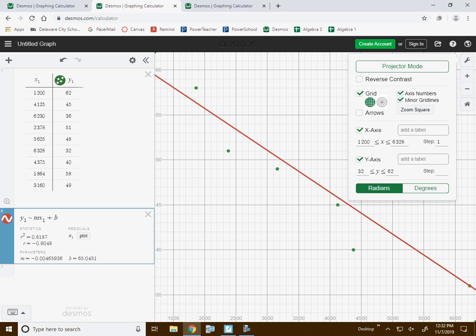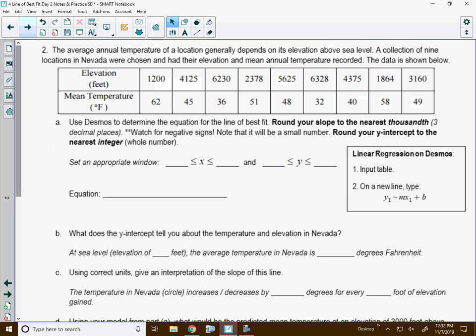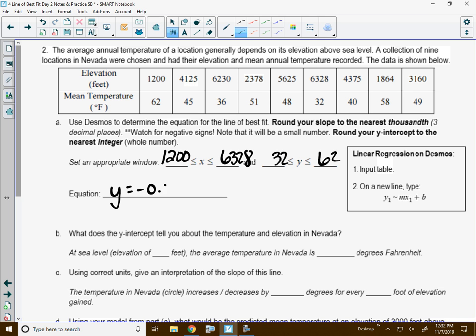Okay, that's what you should have there on your paper once you've done it in Desmos.